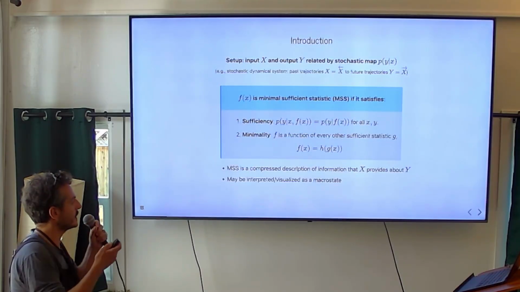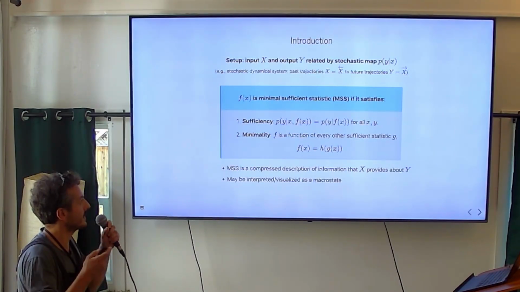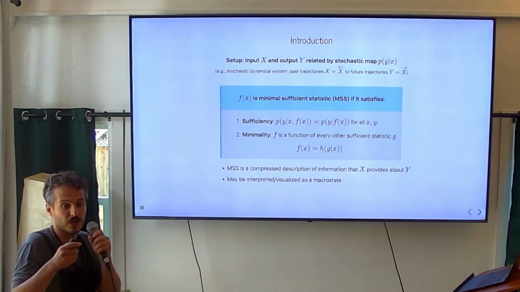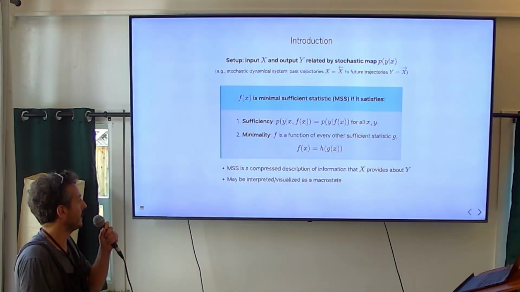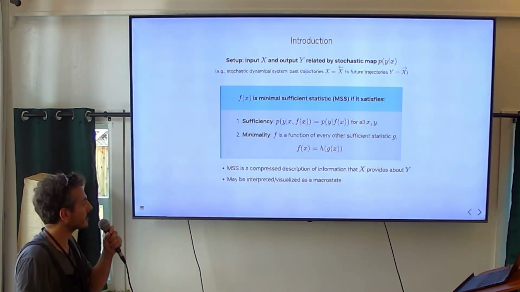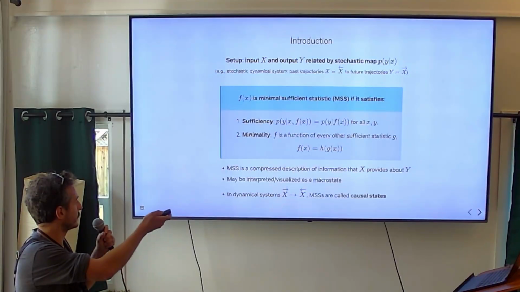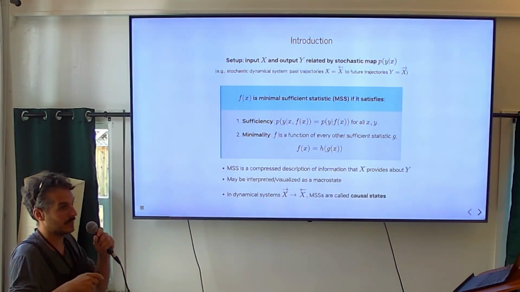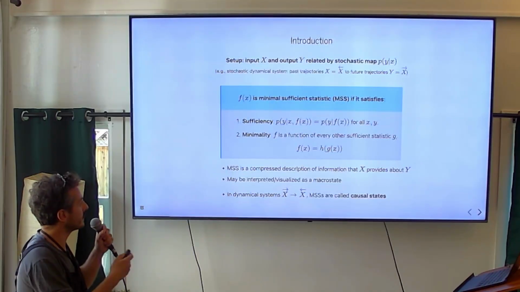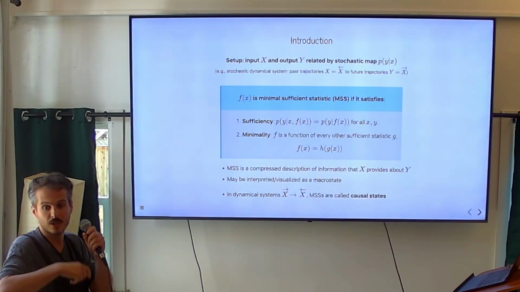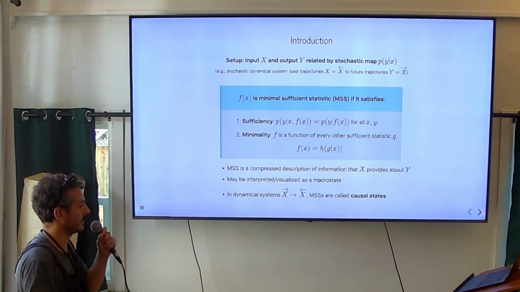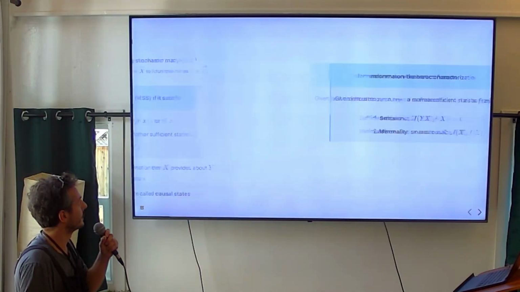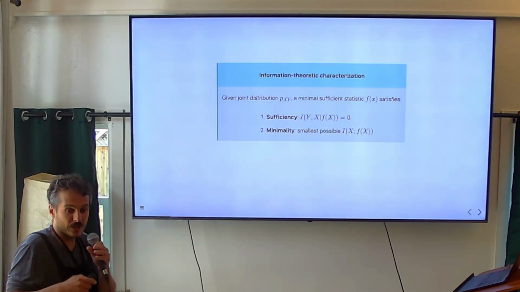As I'll discuss later, a minimal sufficient statistic sets up an equivalence relation on X, and that's a kind of coarse-graining. And in dynamical systems, which is a major interesting area of application, these minimal sufficient statistics of the past to the future are called causal states. That's just terminology.